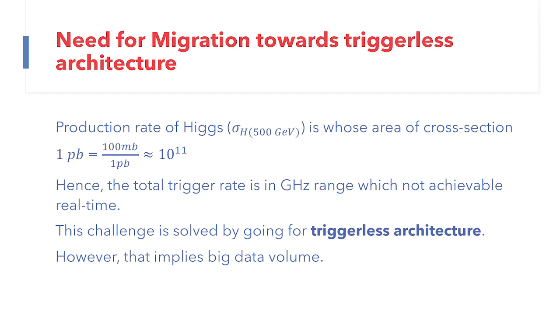And this challenge is solved by going for a triggerless architecture. But mind you, when we go for triggerless architecture, we are also opening the door for big data volume. And keeping in mind the pros and cons on either side, the future architecture will have both the triggered solution and the triggerless solution.